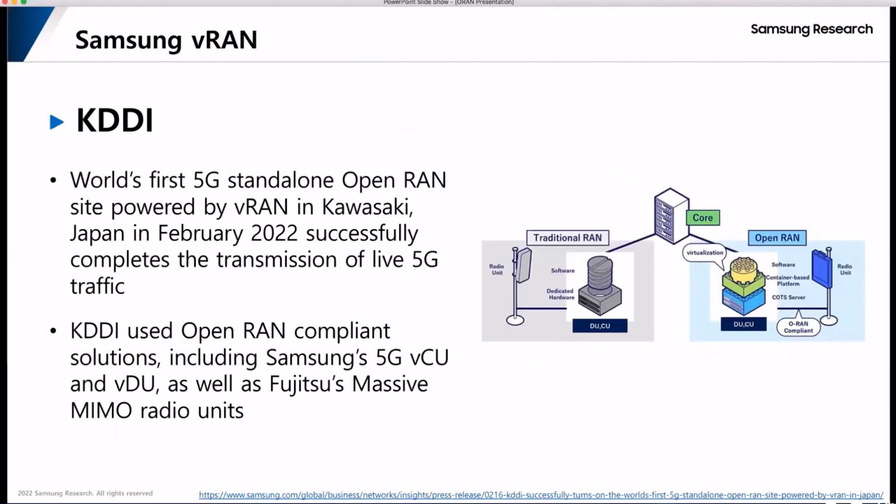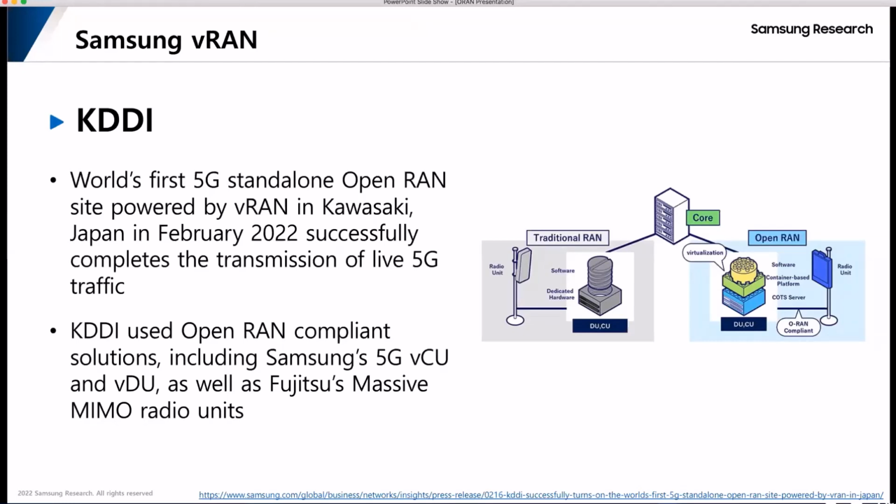And then another one is in Japan with KDDI. Together with Samsung's vRAN, they were able to successfully complete the world's first 5G standalone Open RAN site that is powered by vRAN. KDDI made use of different Open RAN compliant solutions, such as Samsung's 5G VDU and VCU, and also made use of Fujitsu's massive MIMO radio unit.